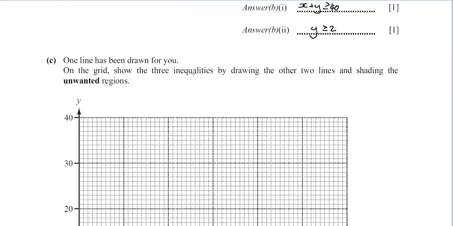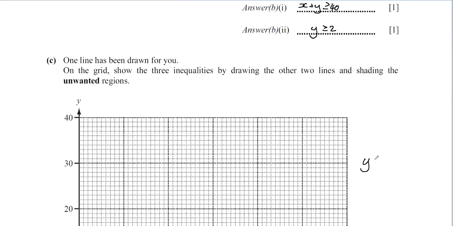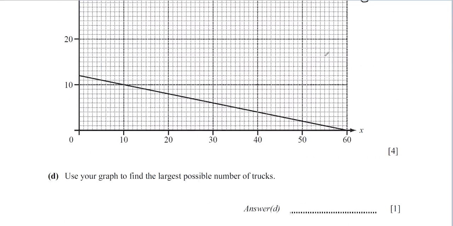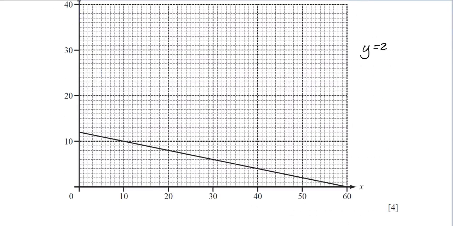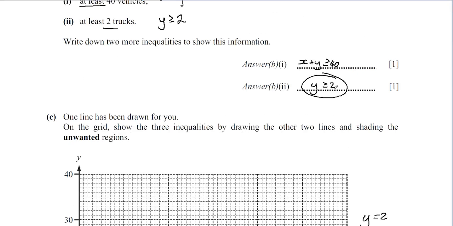We just imagine that these are equal signs, and we're going to plot these graphs. The first graph we're going to do is y equals 2. Y equals 2 is just a straight horizontal line going across. The next one is x plus y greater than or equal to 40.